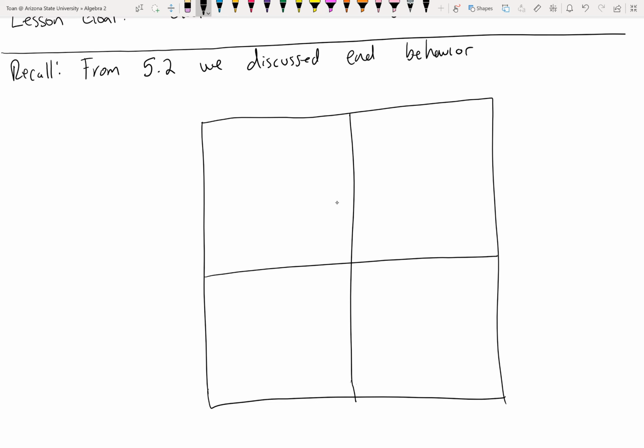And the idea is that end behavior is dependent on two things. It's dependent on the degree of the polynomial and the leading coefficient. What's so important about the degree? Whether or not the degree is even or odd. And what's so important about the leading coefficient is whether it's positive or negative.